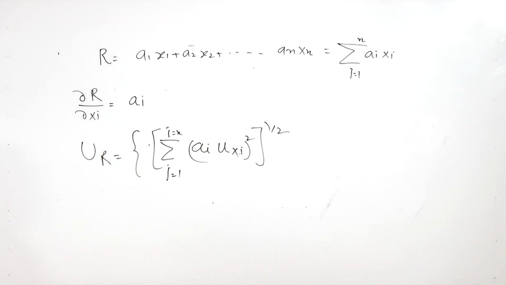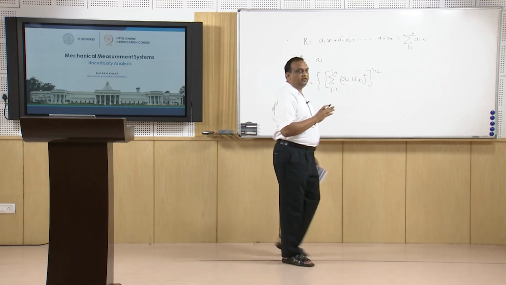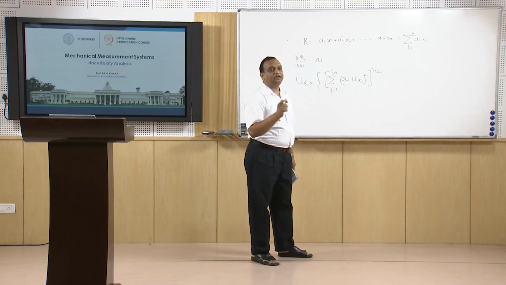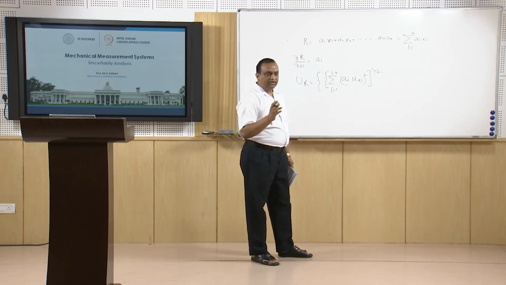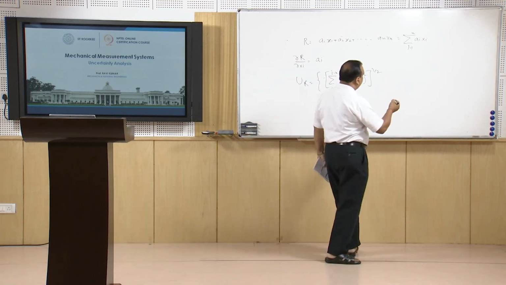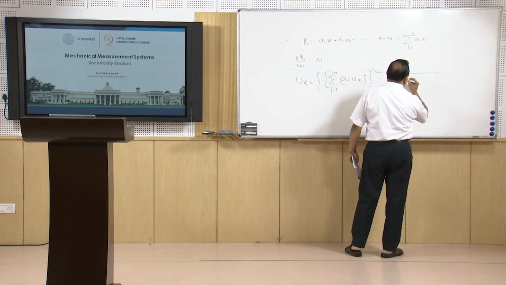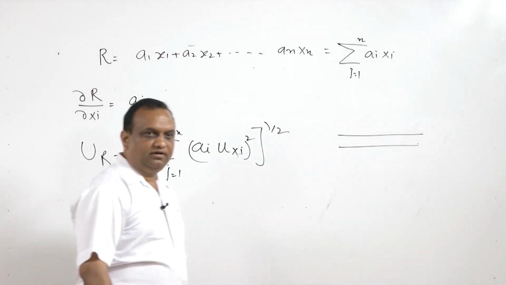Fine. For example, I will give you an example. Suppose we are measuring the temperature with the help of thermocouples, and again the temperature or the heat carried away by the cooling water in a condenser, right?